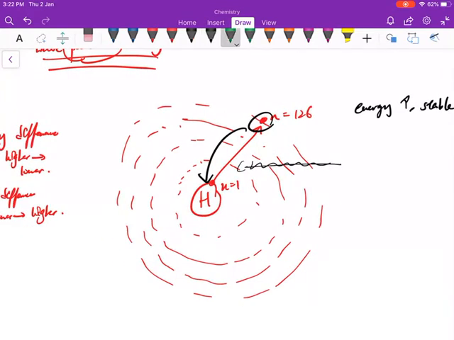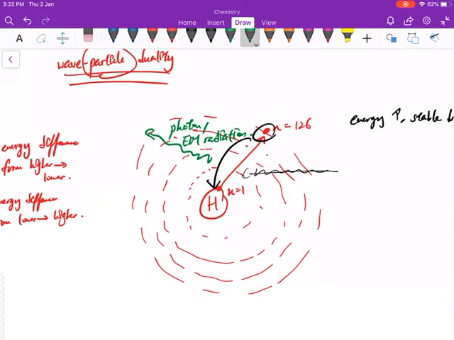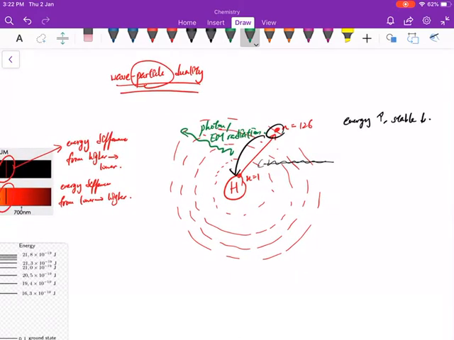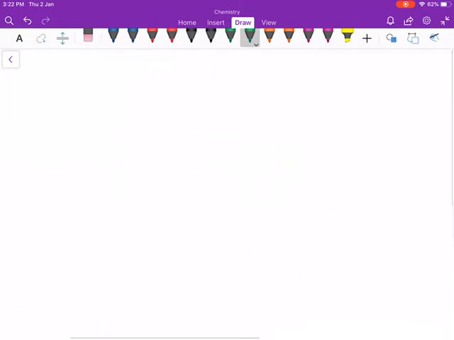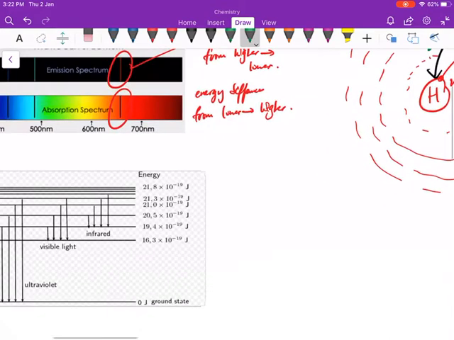When they do so, they emit energy. This is the energy emitted as a photon, or you can say EM radiation. Right, so this is the reason and background for atomic spectra, yeah?